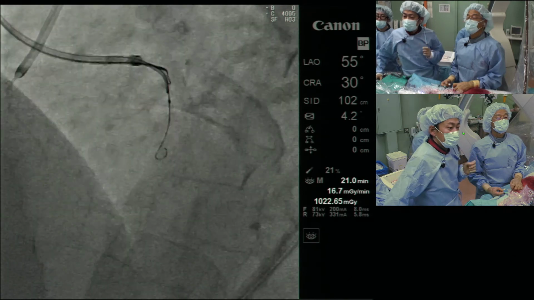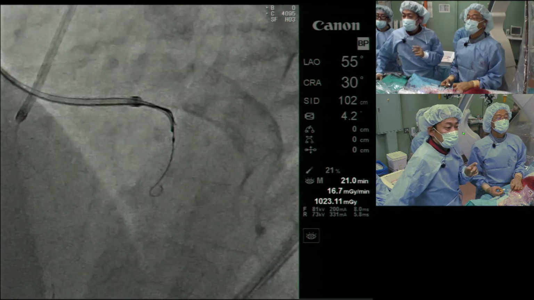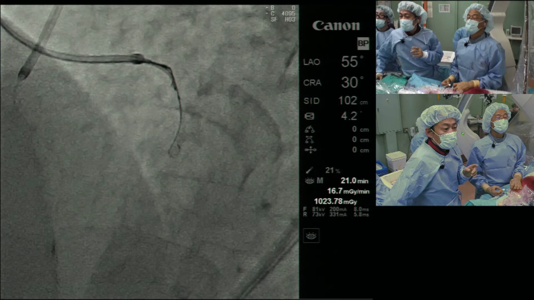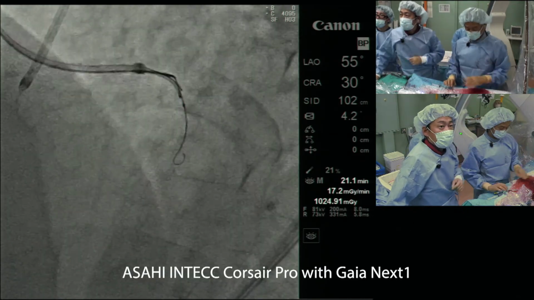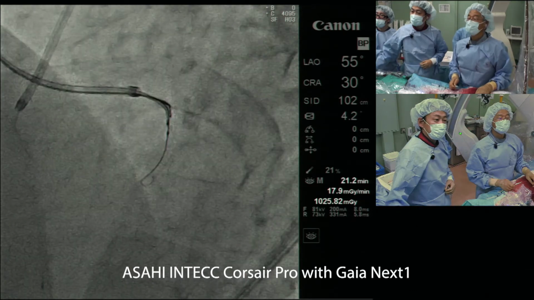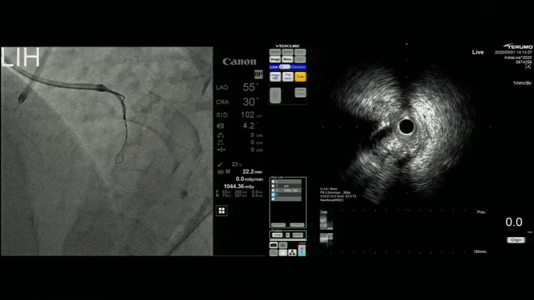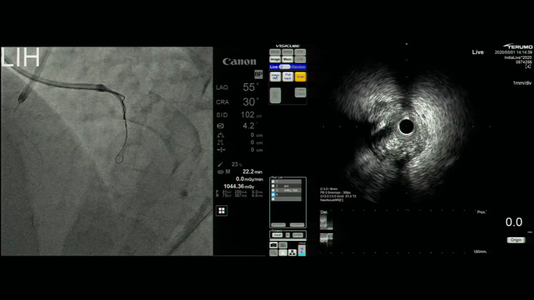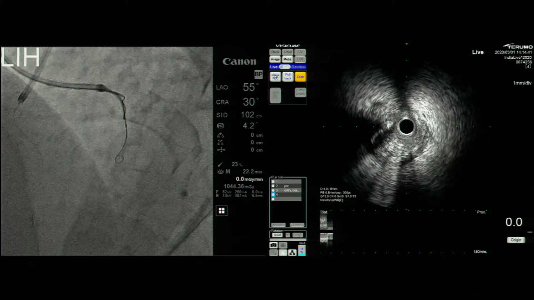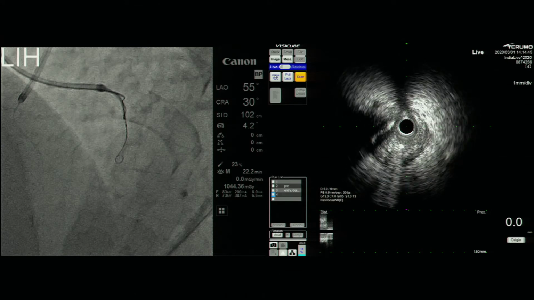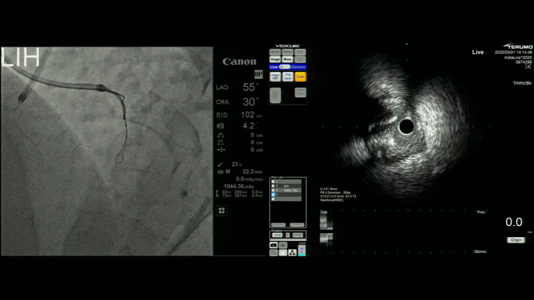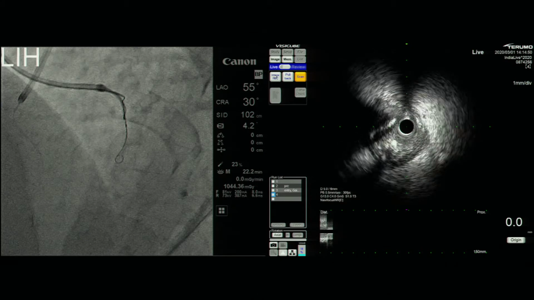That's why we need the sharp wire tip. With Gaia Next One, the shape of the tip is sharper compared with the conventional guide wire. So now the second wire is getting into the true lumen. You can see the second wire is around 6 o'clock. So the second wire is now in the true lumen.